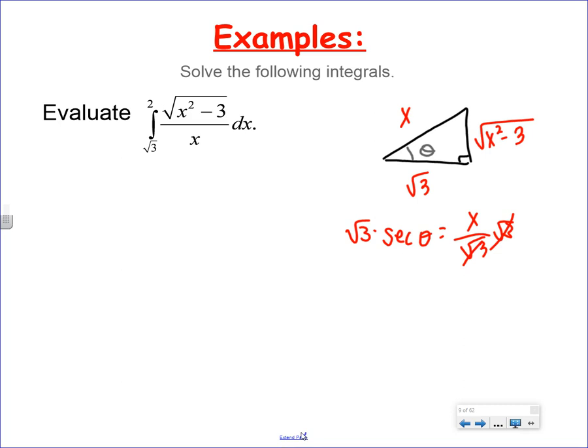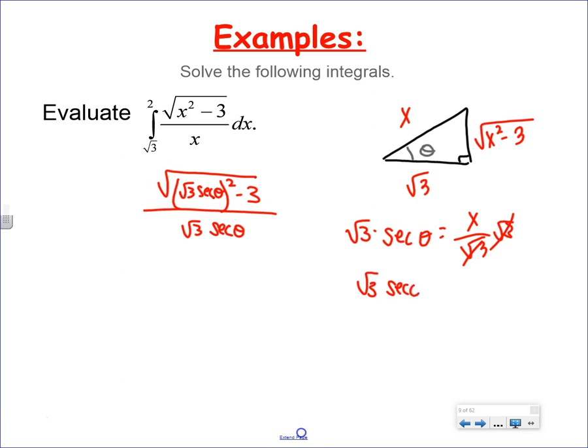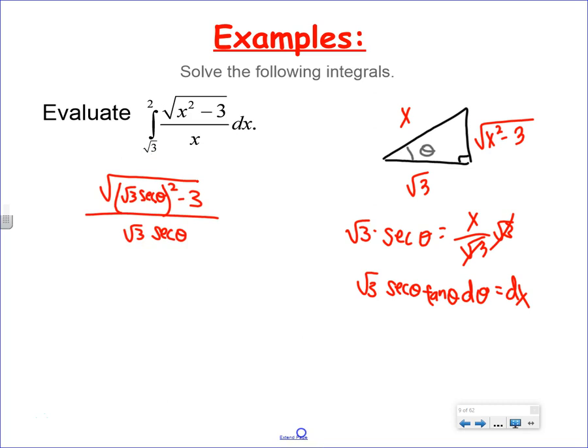So you can go ahead and plug in and say, all right, so x squared, so rad 3 secant. Same deal with dx, but no big deal. Take the derivative of who you have right here. That is dx. Yep. Are these two the exact same?